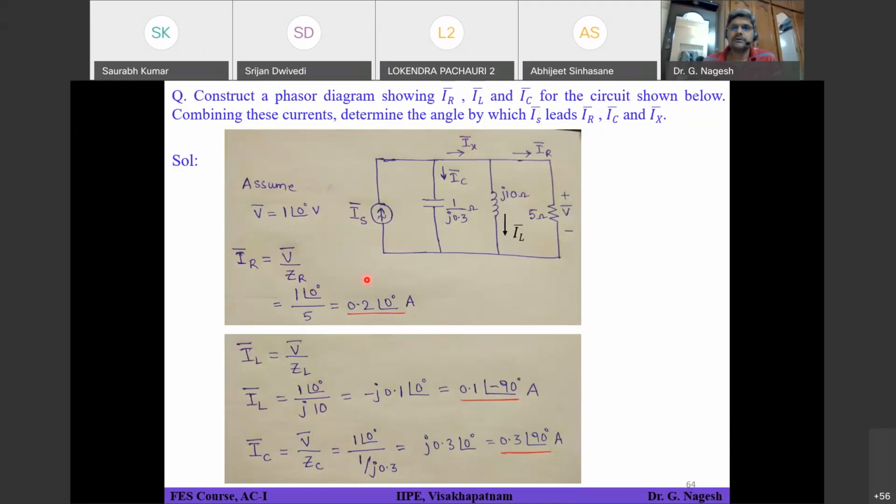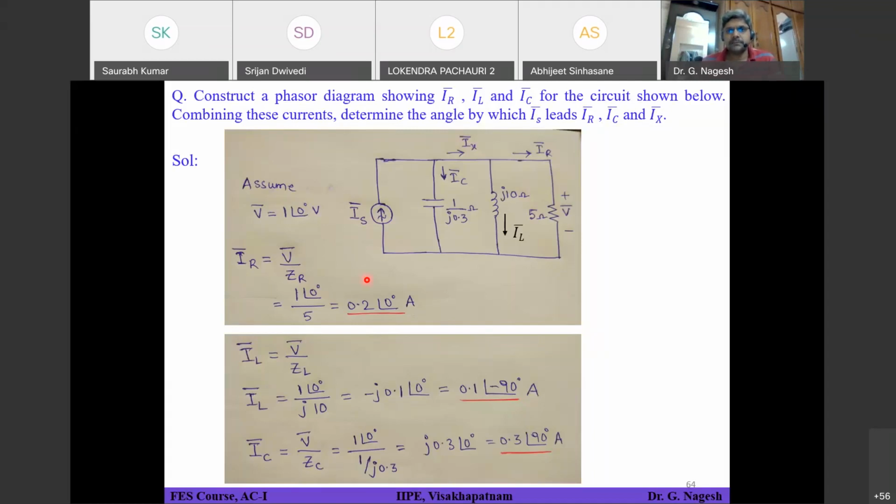Now what else have they asked? You have calculated all these three and they are asking us to find out IX also. So what is the value of IX? Simply apply KCL at that node. IX is equal to IR plus IL, which is 0.2 minus j 0.1.